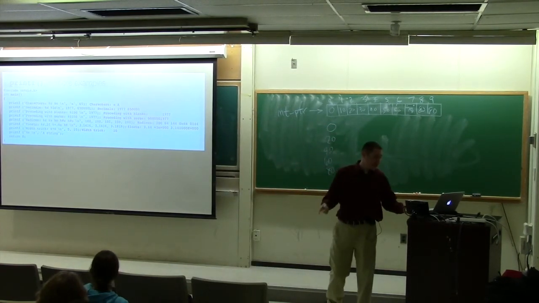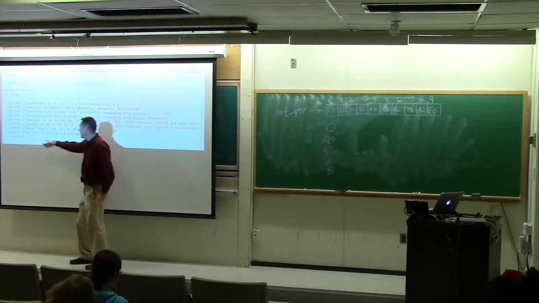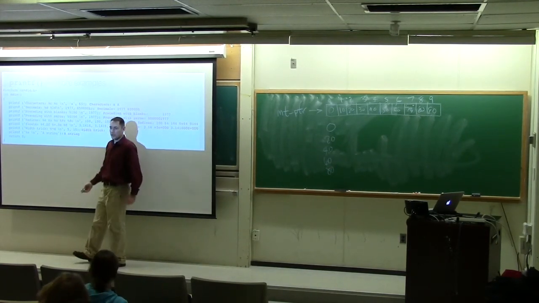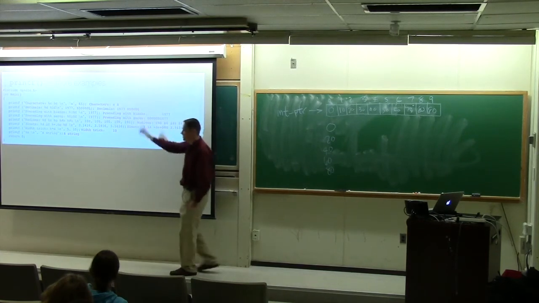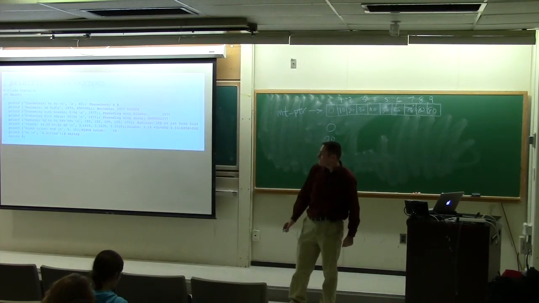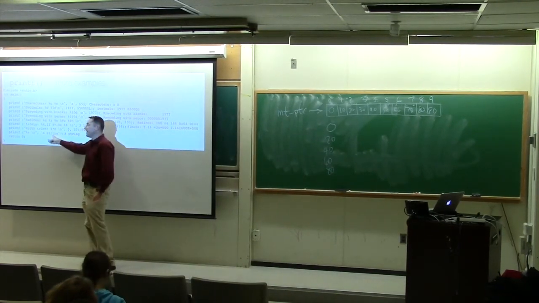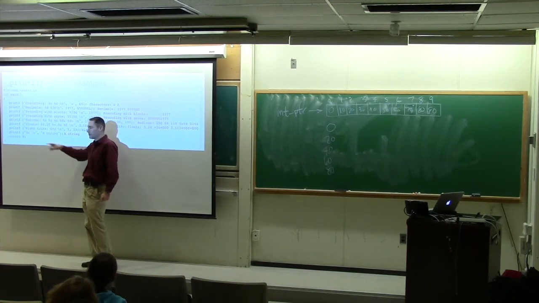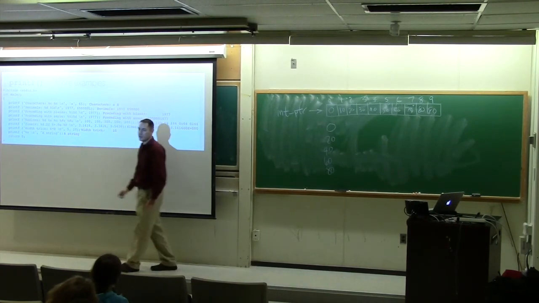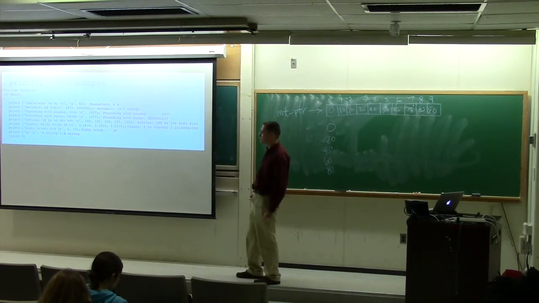OK, and then you can also print strings, of course. So you just print the %s and then a string, and it will do the string. And these are character strings again. Sometimes you might do %s and give it some value that's not a string, and it'll print all sorts of garbage until it gets to a null, because it'll just keep going through memory until it finds a null, or segfaults.